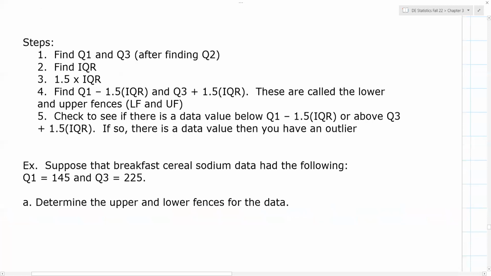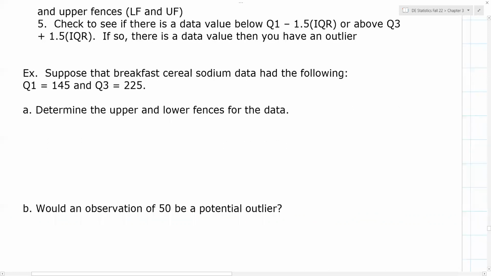So those are the 5 steps on how to find your upper and your lower fence. That's what those values are called. Upper fence, obviously the highest value, lower fence, the lowest value. Anything inside of our fences, okay. Anything outside of the fences, outlier. And here is our example.